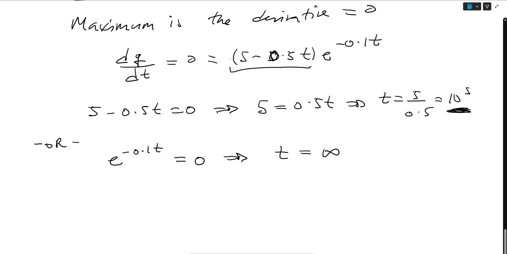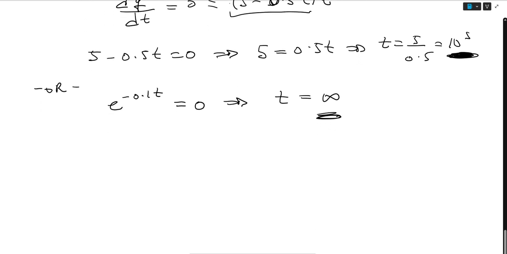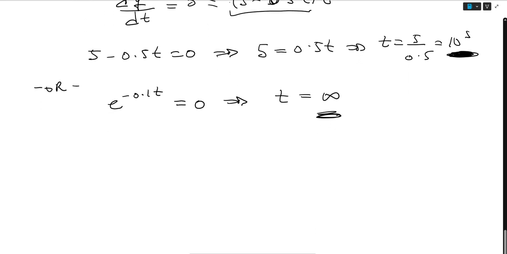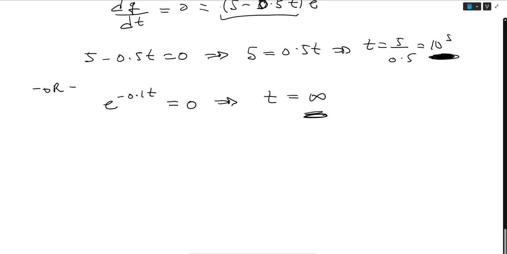Is 10 seconds where the charge reaches its maximum, or is it infinity? Maybe before we do that, pause the video and see which one is a maximum, which one's a minimum. Try and solve for that.